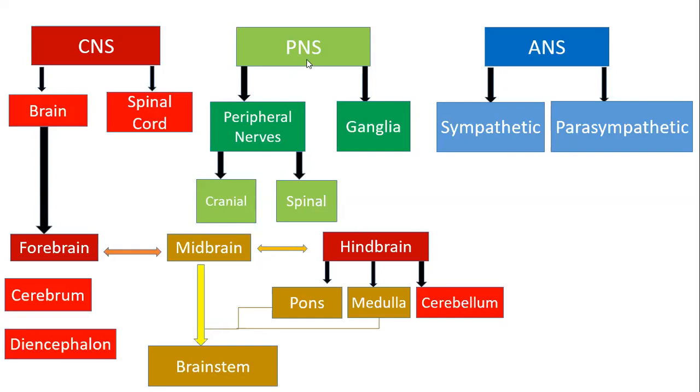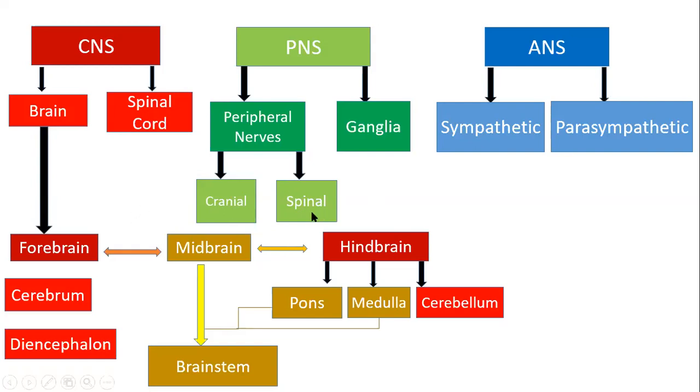Now, what about the peripheral nervous system? The peripheral nervous system comprises two types of structures, nerves and their associated ganglia. Peripheral nerves are further of two types. Those that arise from the central nervous system are called cranial nerves, and those that arise from the spinal cord in the form of 31 pairs are called spinal nerves.